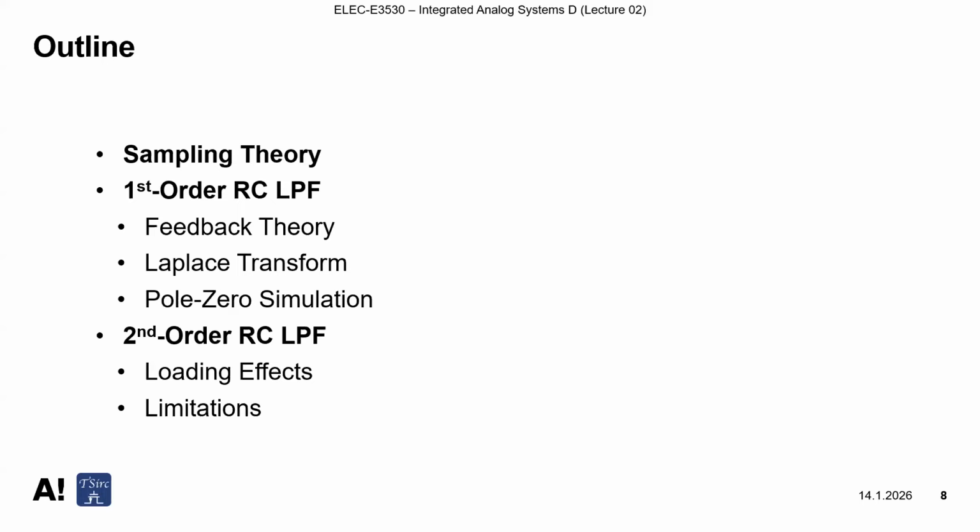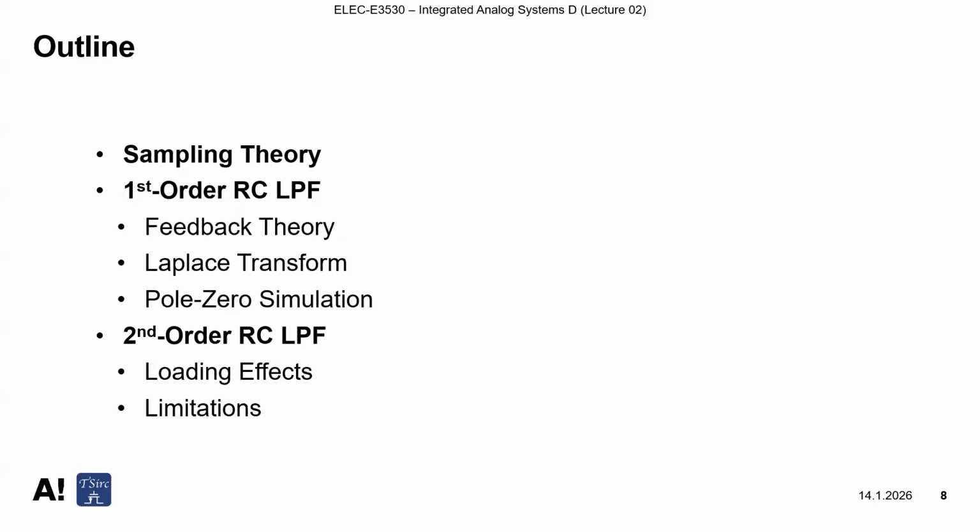Before jumping into our main topic today, we will first go through the remaining things that we couldn't finalize in the previous lecture 01. We will go through the RC low-pass filter, first-order and second-order. Those are quite easy. You might think, why do I have to learn about this again? But there are some interesting factors that we need to think about.